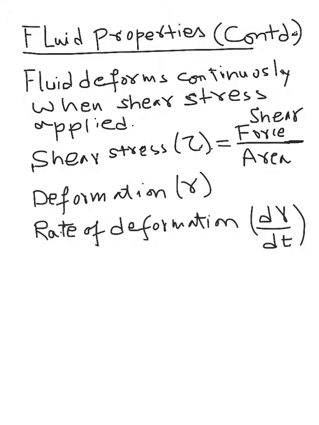So shear stress is shear force divided by the area onto which that force is acting. And the rate of deformation: first understand that deformation we indicate with the symbol gamma, and rate of deformation is simply the change in the value of gamma with respect to time.